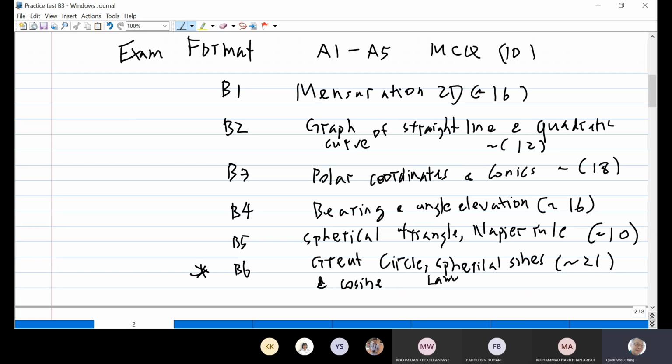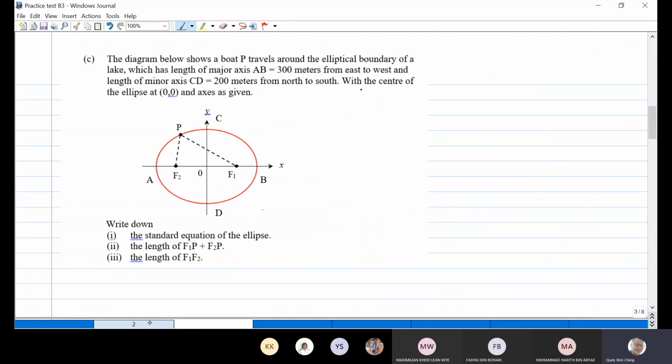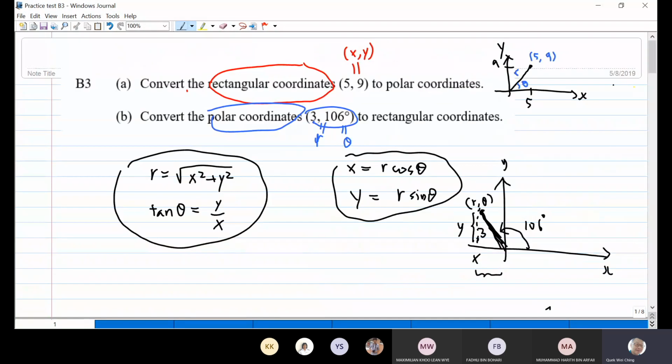Okay, I think yesterday I WhatsApped you B1 and B2. So I'm going to start off with B3. Polar coordinate first, and then conic. I changed the question. So let's do the polar coordinate question first.